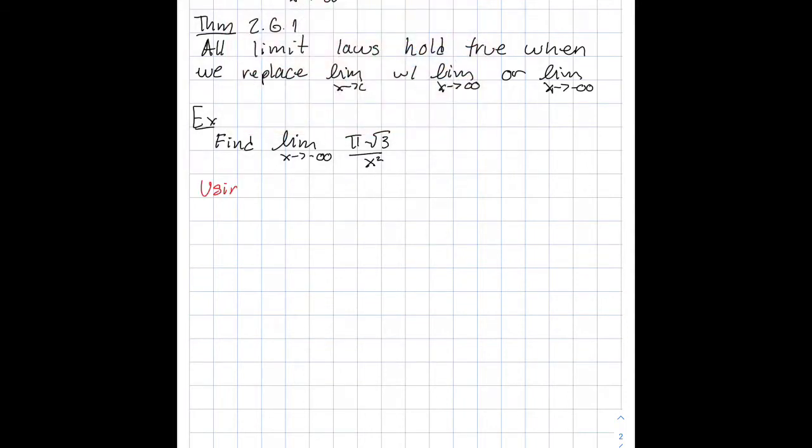So we're going to use limit laws that say the limit of two functions or even three functions multiplied by each other is the product of the limit of each of those functions.